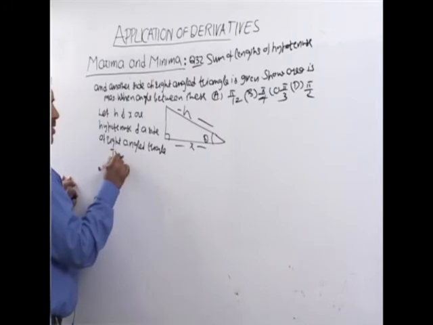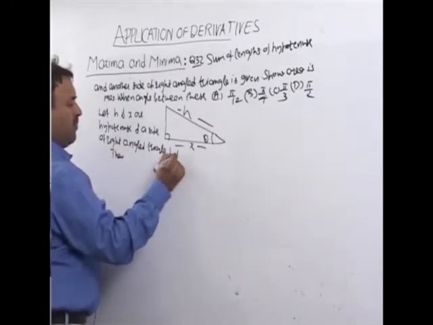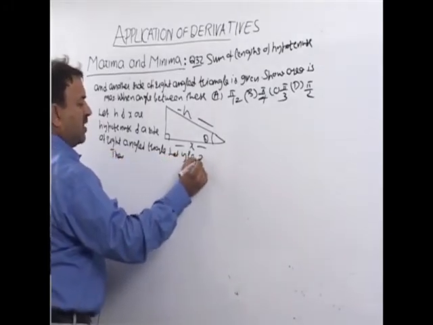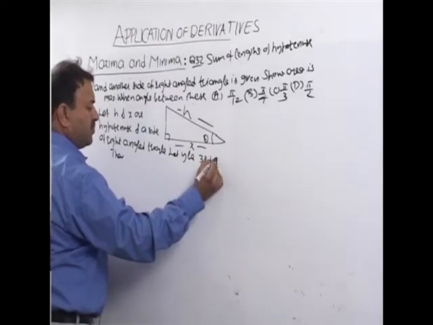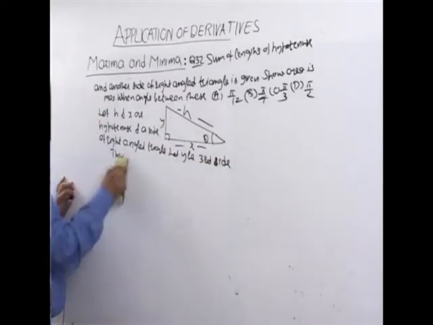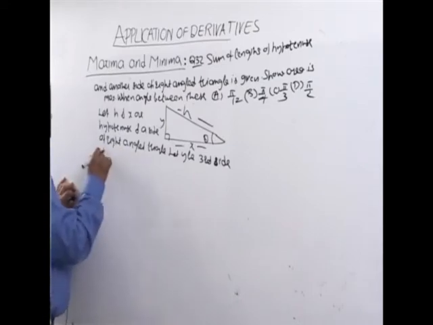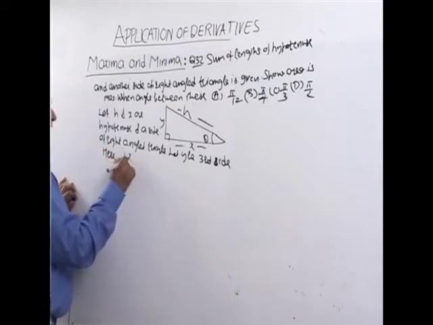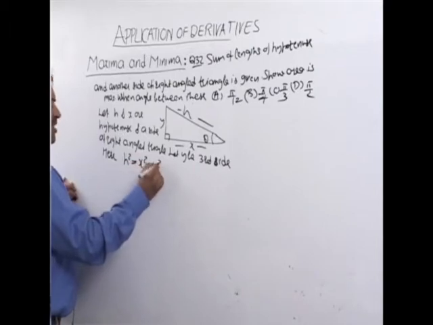Then let Y be the third side. Here H square is equal to X square plus Y square.